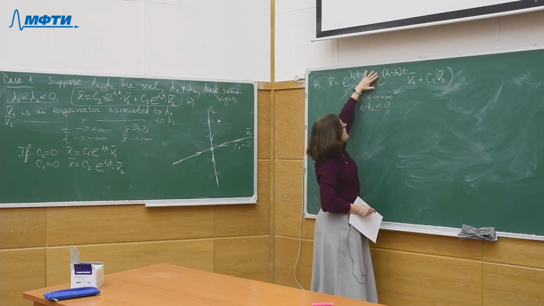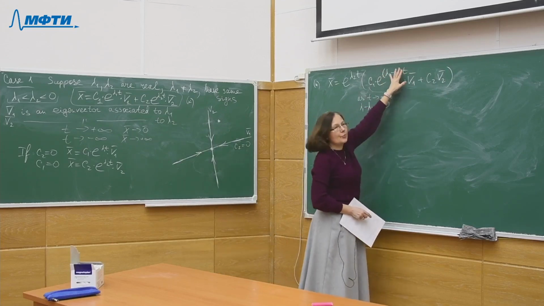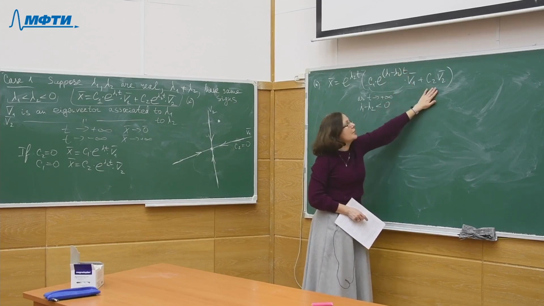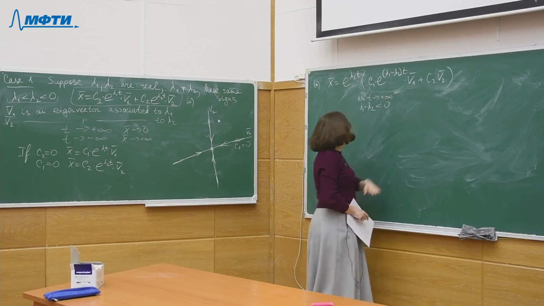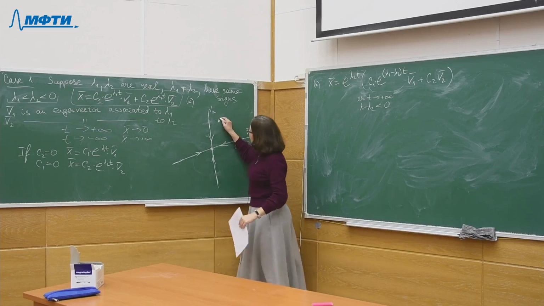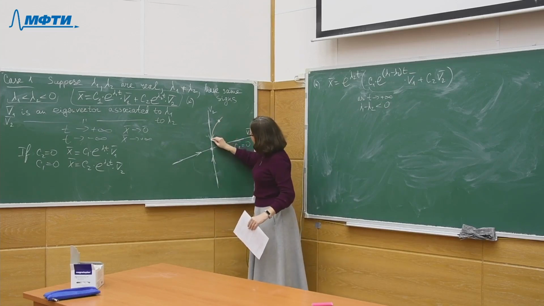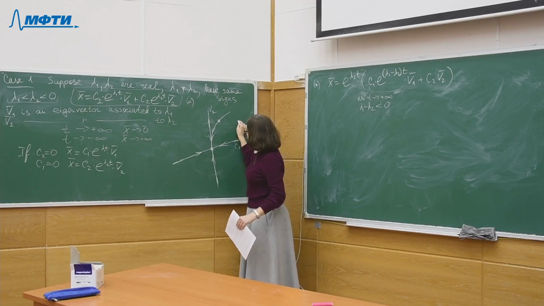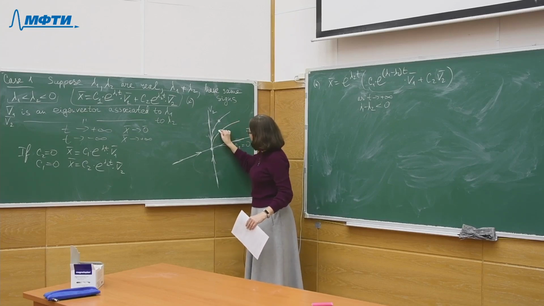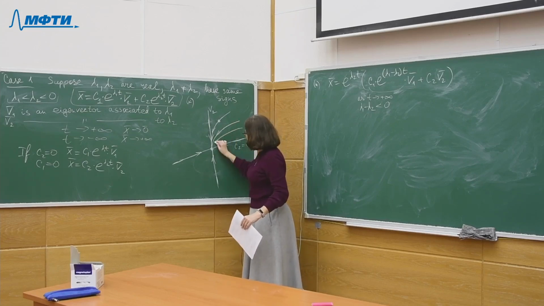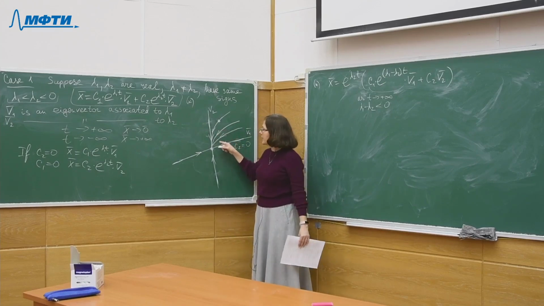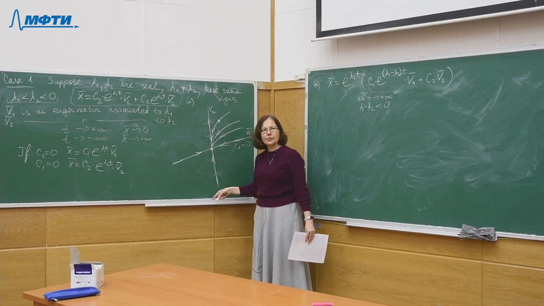So this term will approach 0, and we will approach the line through v2. So the behavior will be like this. So we can see that all the trajectories will be tangent to the straight line through v2.